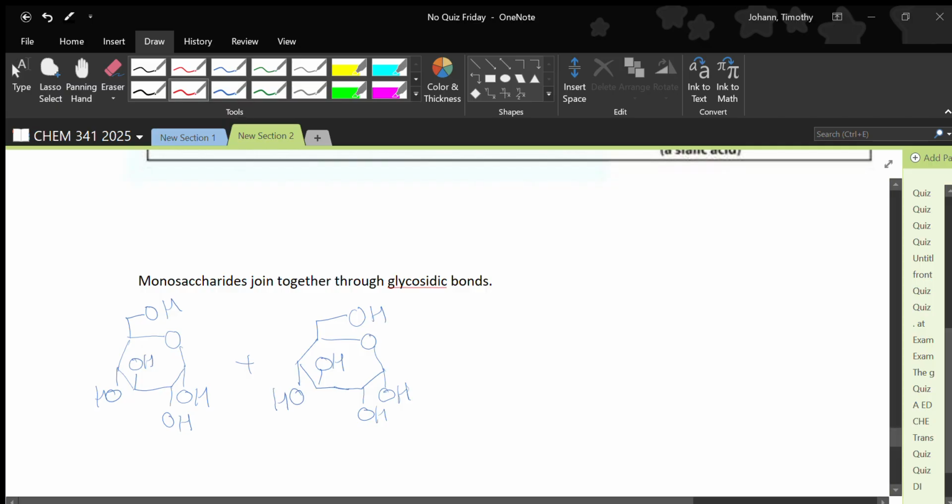Okay, what I can do is eliminate this water. We're going to do dehydration, or I like to say condensation, and we're going to get our glycosidic bond between the two.